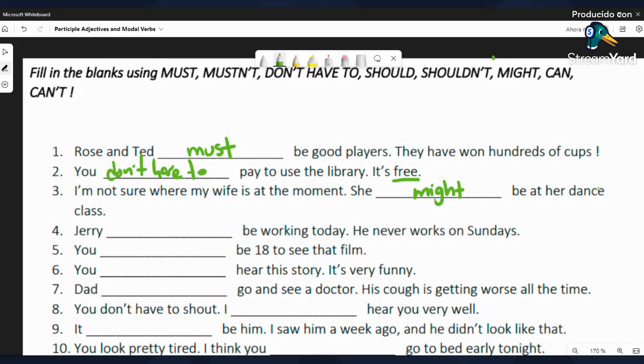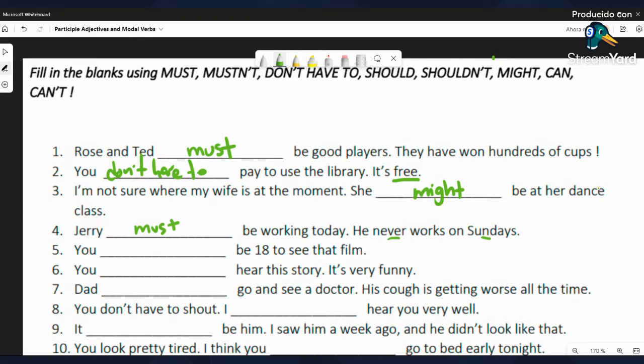Number four, Jerry be working today. He never works on Sundays. And what day is today? Sunday. So in this sentence, the correct answer will be must. Oh no, wait.